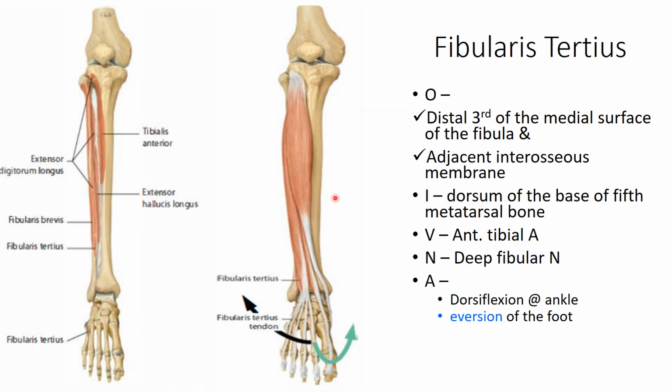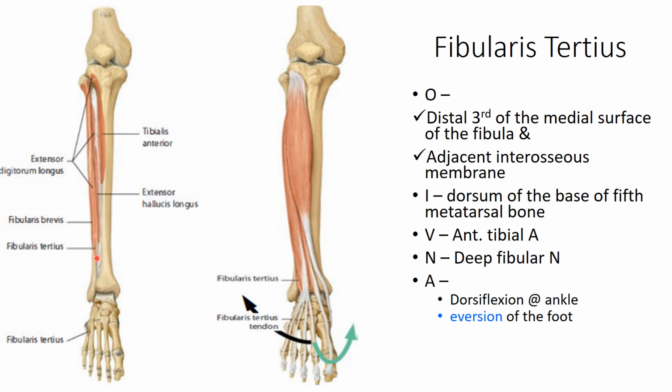Next is the smallest muscle of this compartment, known as peroneus tertius or fibularis tertius, and it often appears to be a part of extensor digitorum longus, as a fifth slip from it.